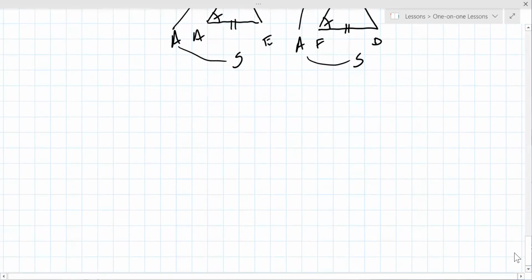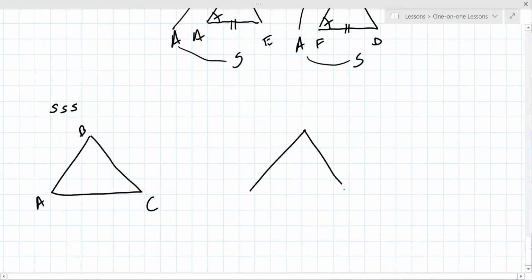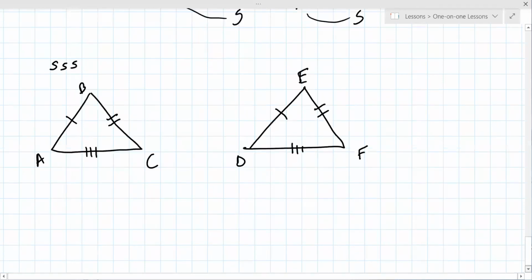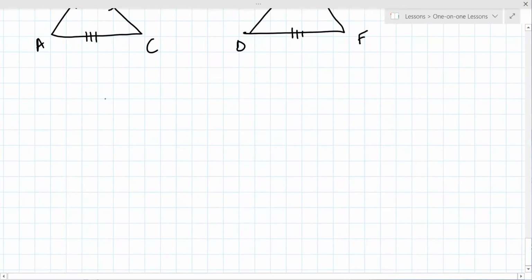Okay, so let's talk about side, side, side. So here's triangle ABC, and here's triangle DEF. For side, side, side, you have to have one side congruent to another side, another side congruent to another side, and then a third side congruent to another third side. I think that one's pretty straightforward. Then the one we just did, side, angle, side, comes in so many different forms.